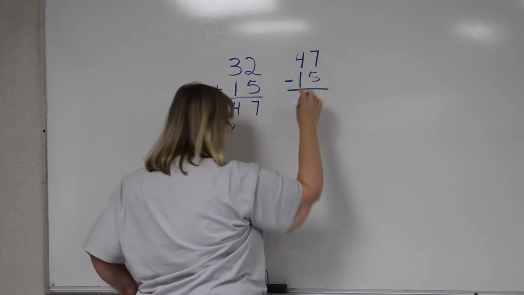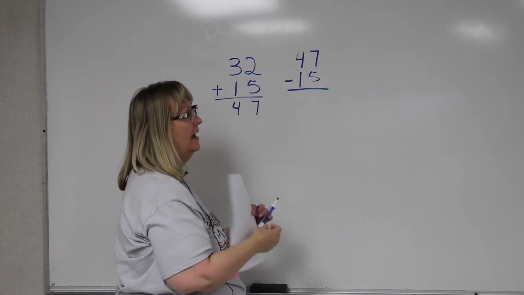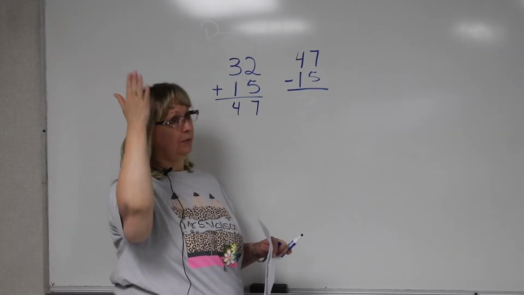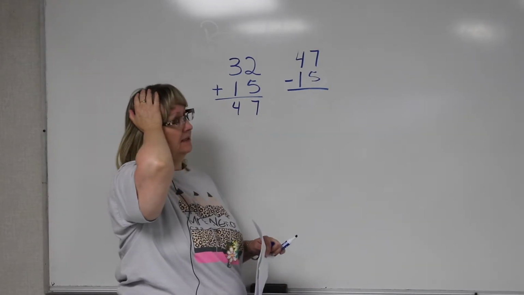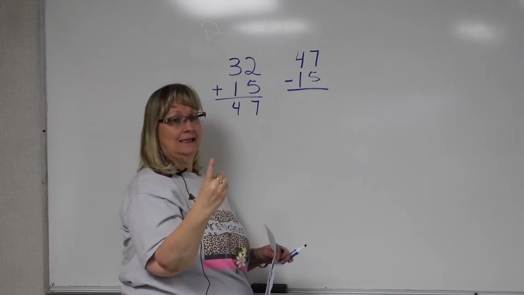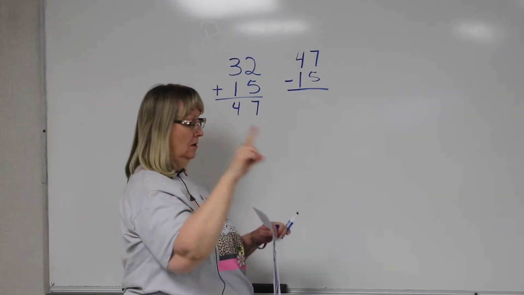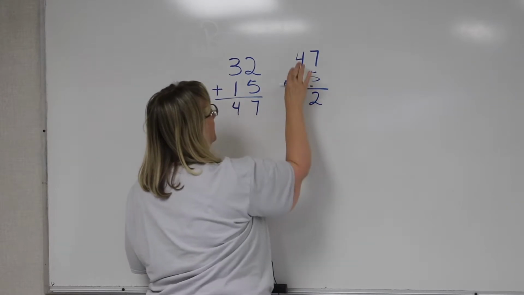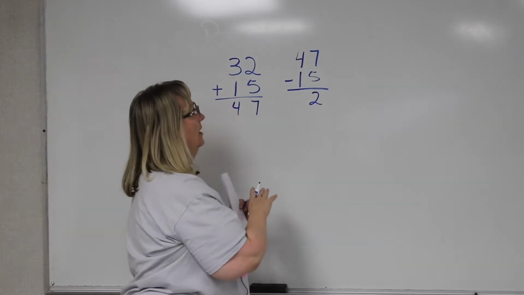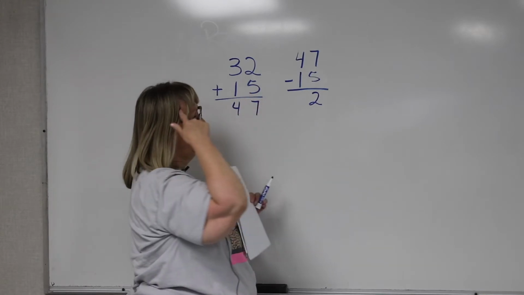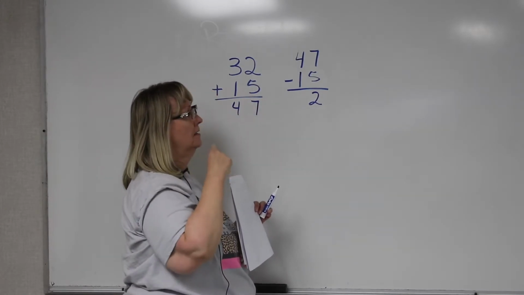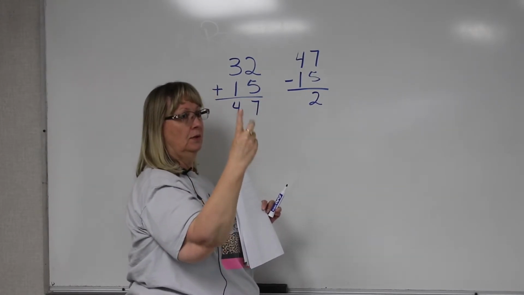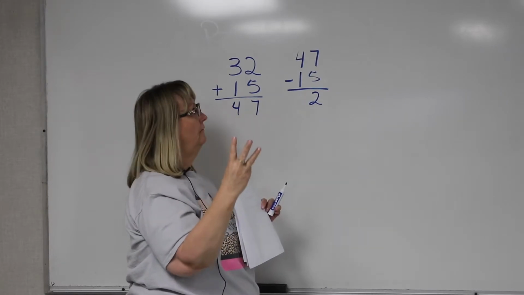So if I have 7 and I subtract 5, I can put 5 in my brain and count up to 7. So 5, 6, 7. So 7 minus 5 is 2. Now let's check 4 minus 1. I want to put my bottom number in my brain and count up. So 1, 2, 3, 4.